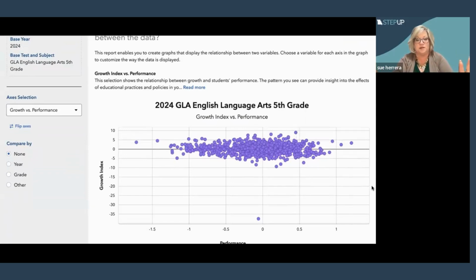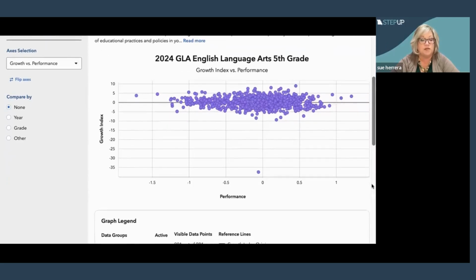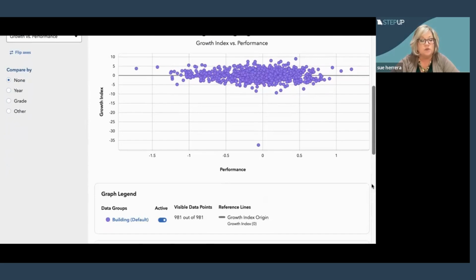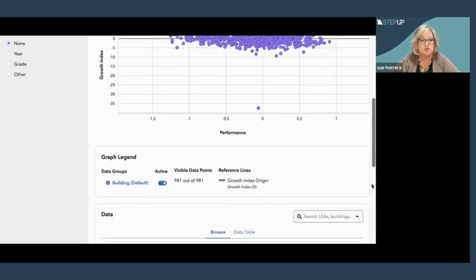I'm trying not to click on anything because I don't want to put anyone on the spot. But when you hover over a dot, it does give a school district. And so the first thing I think about is which dot do I want to be as a principal, right? And so I'm looking for districts that are really overachieving, because I want to connect with them, especially if, like Amber said, they are similar in size and makeup to the district I'm in.